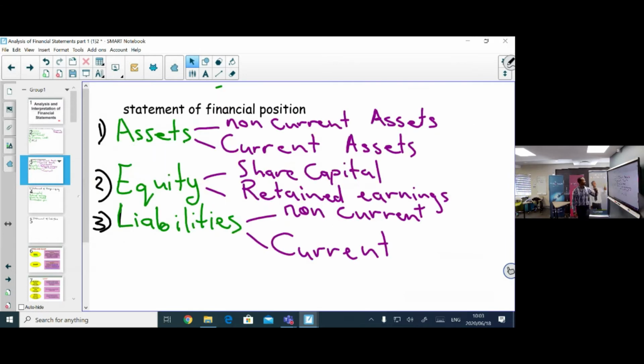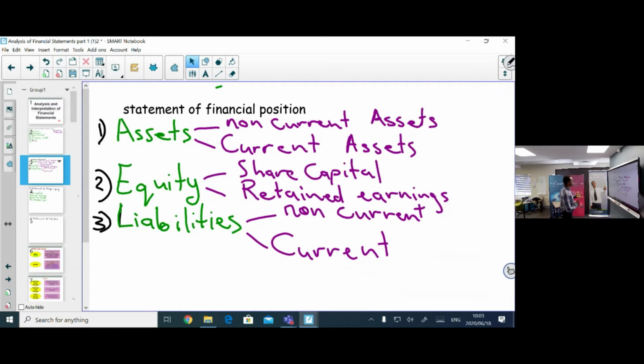Then we've got the statement of financial position, whereby you record your assets: non-current assets, whose duration is over 12 months, and current assets, whose duration is within 12 months.